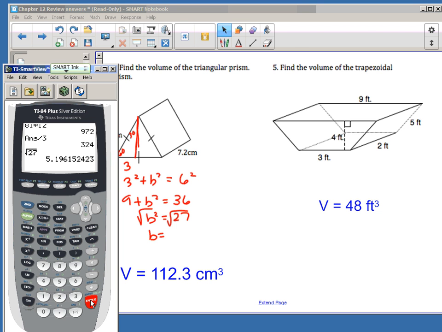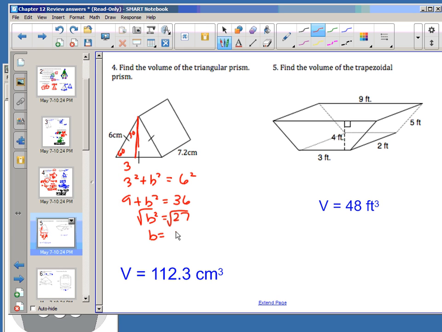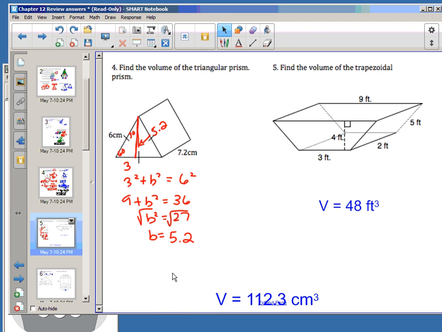And so that's 5.196, or 5.2. So my height is 5.2 now. Again, this is a triangular prism, so to find the volume, I need to find the area of the base. And it's a prism, so I don't need to divide by 3.